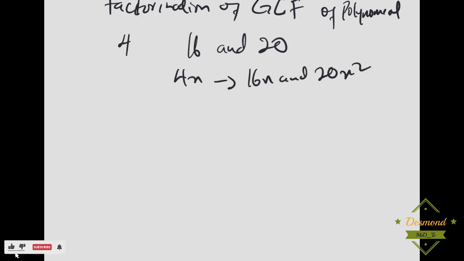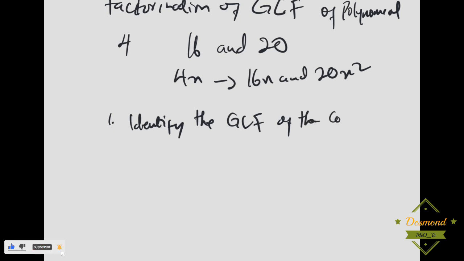The first thing that we need to do is to identify the GCF, the greatest common factor of the coefficients.